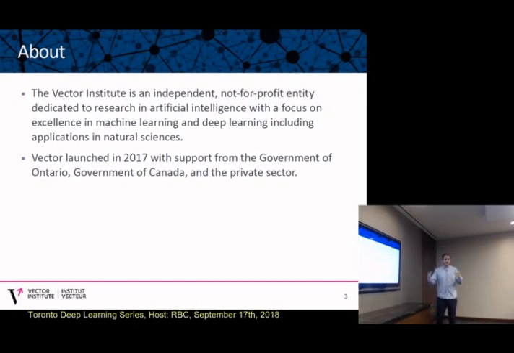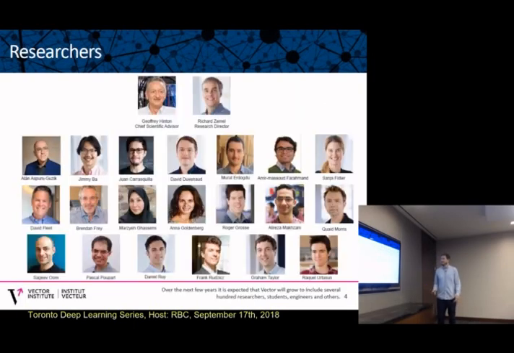So it's a collaboration between private and public, and the idea is to generate excellence in machine learning for the region. So this is the faculty, most prominently Jeff Hinton, Rich Zemel, Alan, and a big bunch of other people.